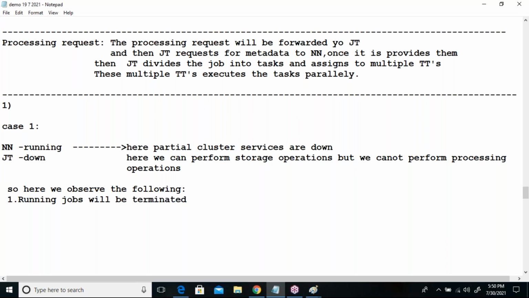Running jobs will be terminated. New jobs can't be submitted.